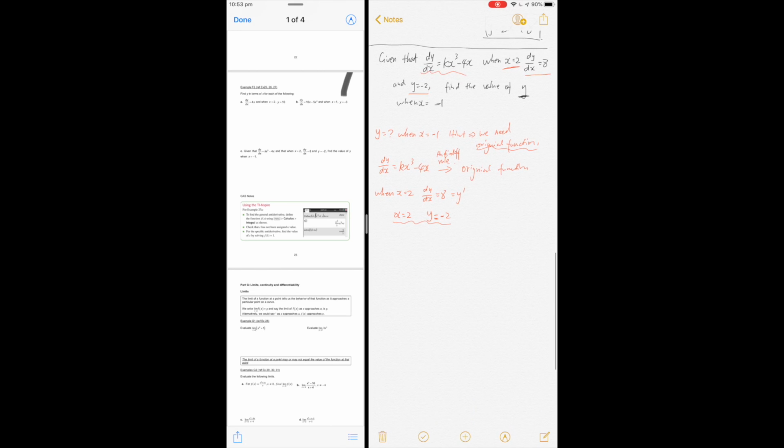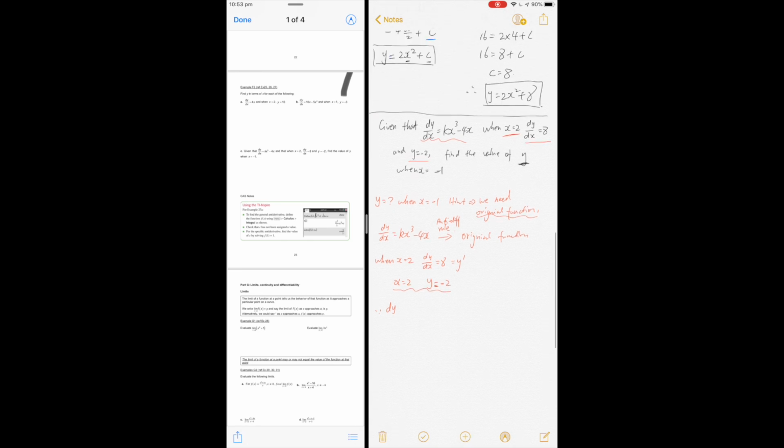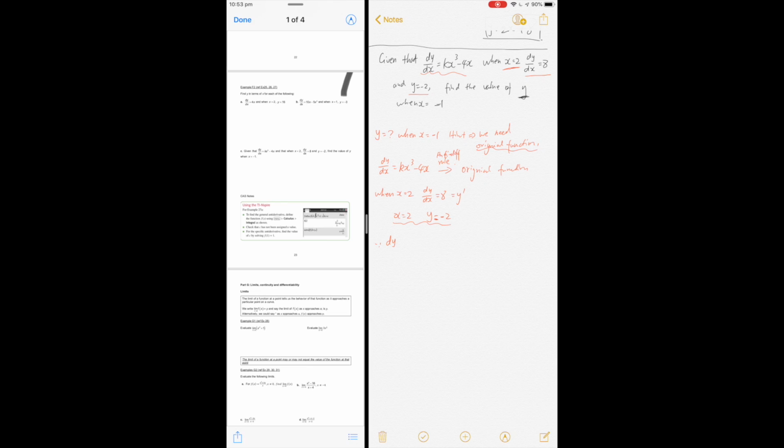So therefore, what we can do is, because dy by dx is equal to kx cubed minus 4x, dy by dx is y dash, the derived function, equal to kx cubed minus 4x. Now let's apply the anti-differentiation rule to find the original function.